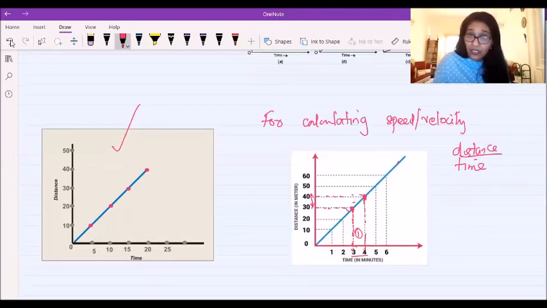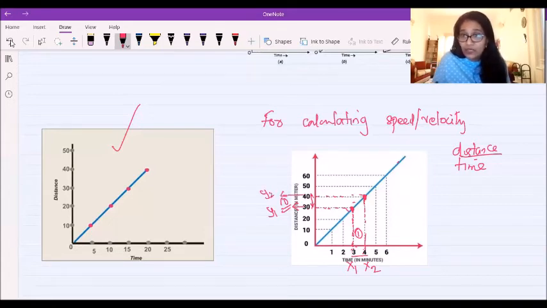Look at this side. One is on 30, the other line is on 40. So what is the difference? 10. Okay, so how will I calculate this velocity or speed? Well, if I am taking this point as x1, this point as x2, this 30 as y1 and this 40 as y2, then speed or velocity v, always remember, is distance divided by time.